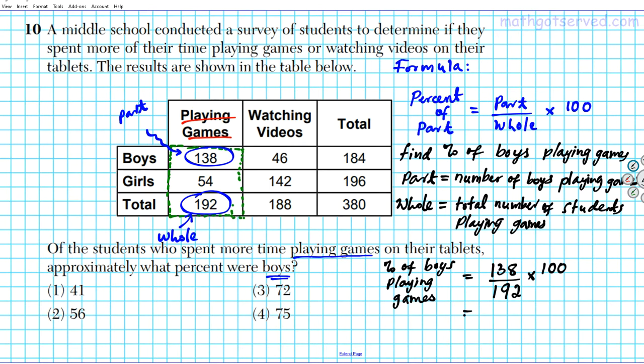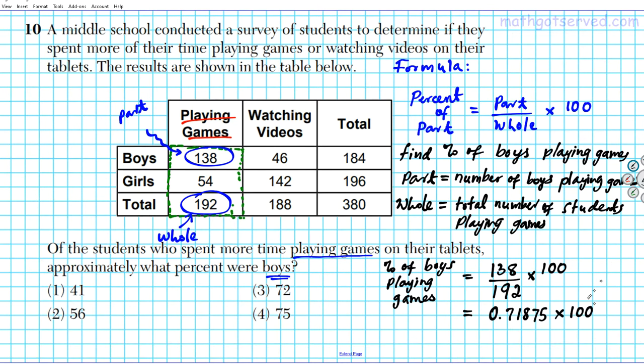For the calculations, you can just divide that out with your calculator. 138 divided by 192 is going to be 0.71875, to 5 decimal places, times 100. Now when you multiply a decimal by 100, how does it affect the decimal point?